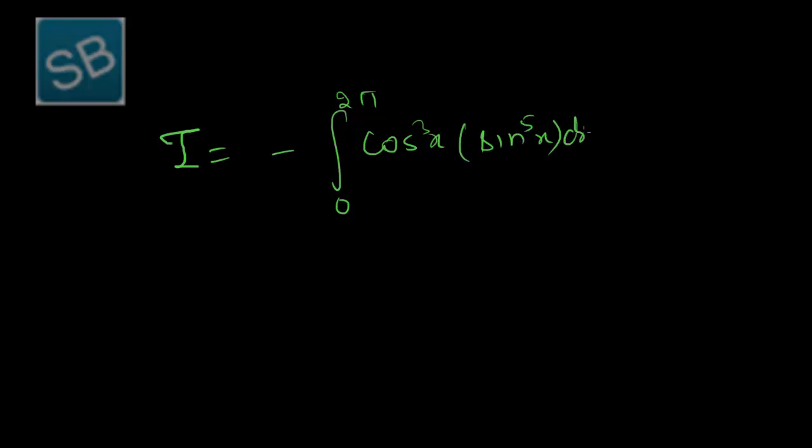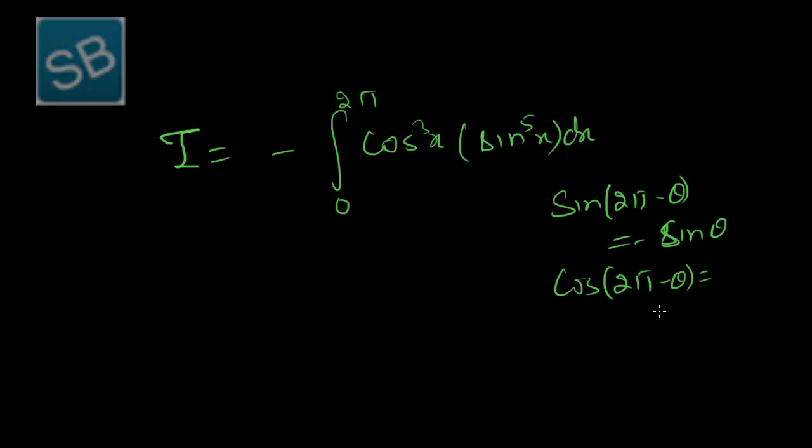As we know that for 2 pi minus x, lying in the fourth quadrant, cos is positive and sin is negative. So we get I is equal to minus of integral 0 to 2 pi cos cube x into sin raised to power 5 x dx, as sine of 2 pi minus theta is minus sine theta and cos of 2 pi minus theta is equal to cos theta.